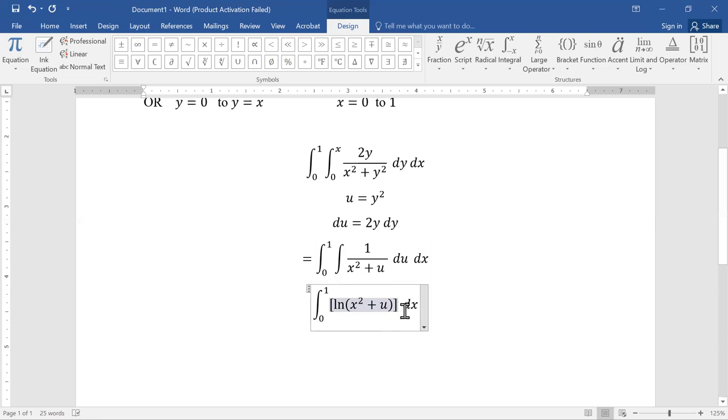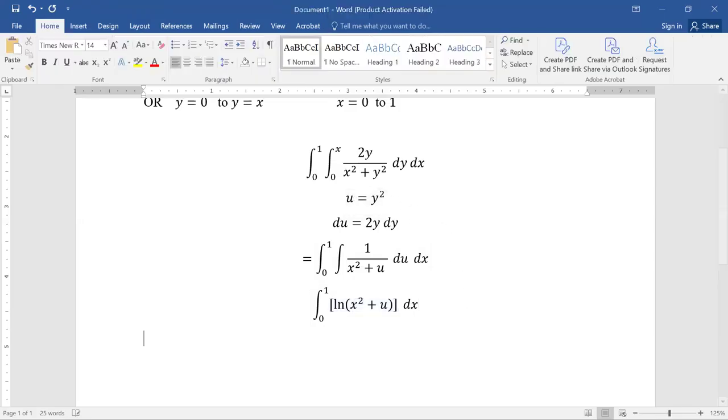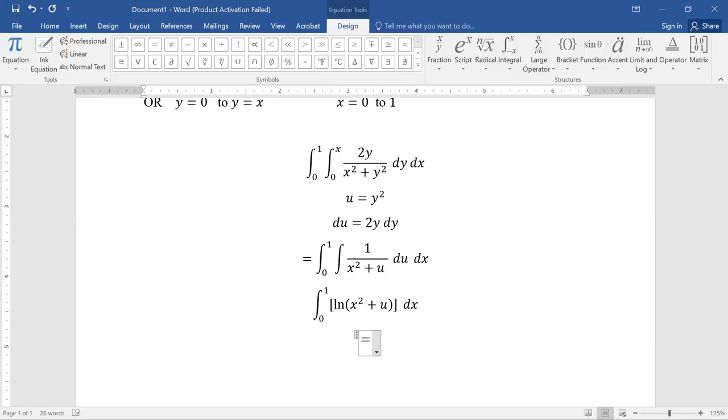But before I plug in those values, I'm going to switch my u back to a y squared. So, integrate from 0 to 1. This is the natural log of x squared plus y squared.